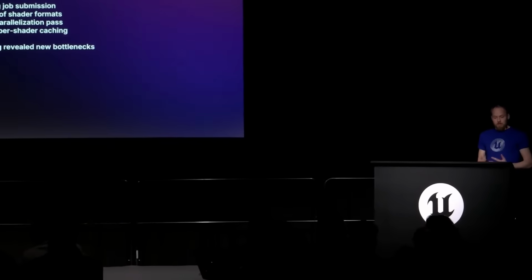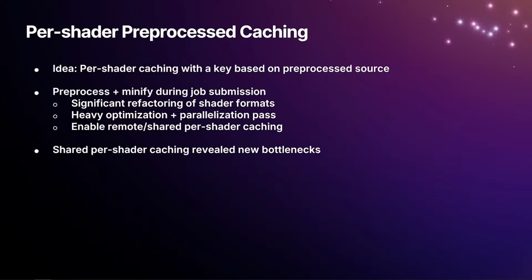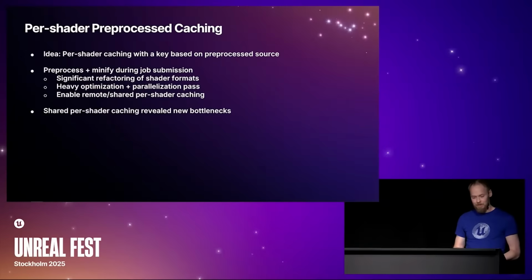Now, the final step here revealed some bottlenecks within DDC. Most notably, that the shared file system DDC mechanism just couldn't handle the load of millions of requests during a cook. And this actually became the primary cook bottleneck and actually slowed our cooks down, so it was kind of taking us backwards. However, we have Zen server.